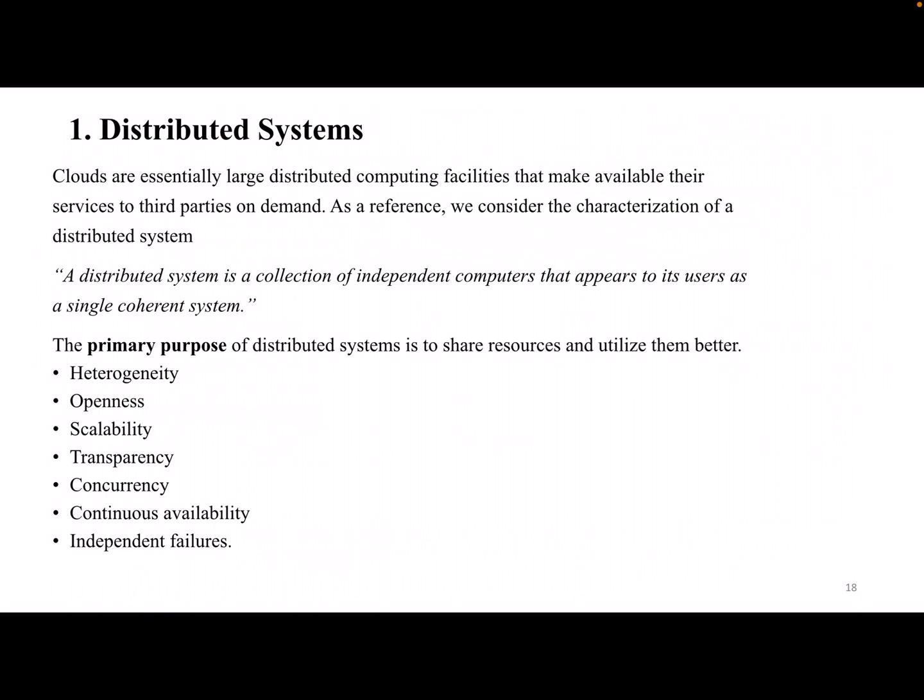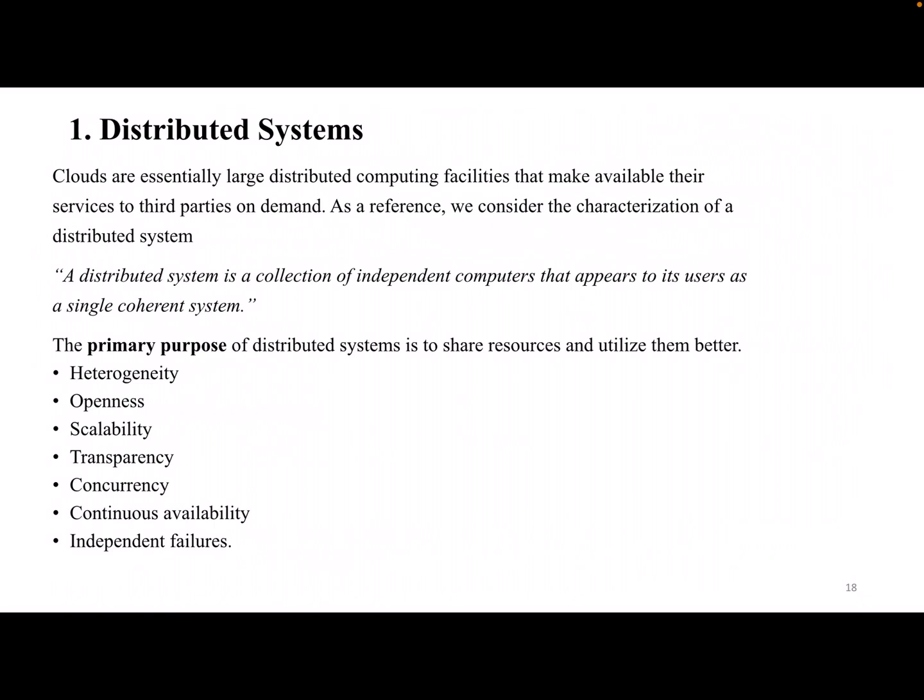You should always know that a distributed system is a collection of independent computers that appears to its users as a single coherent system. You can also put it in other words as a network of interconnected computers or nodes which work together to provide shared resources as a service.